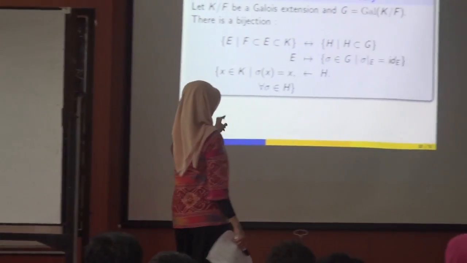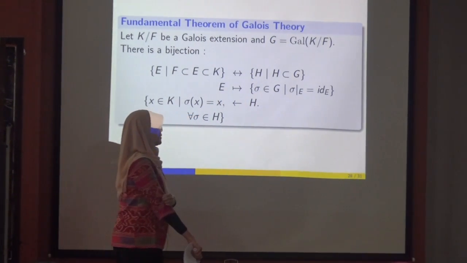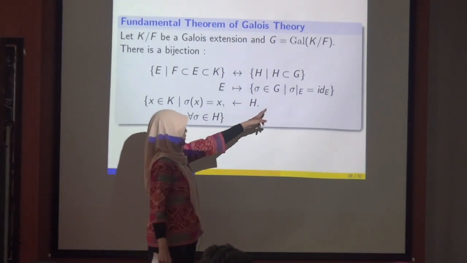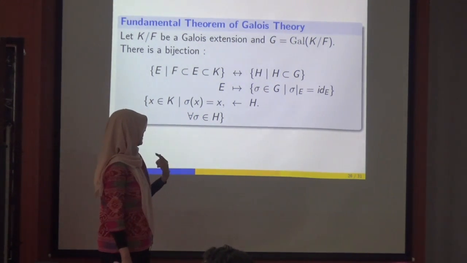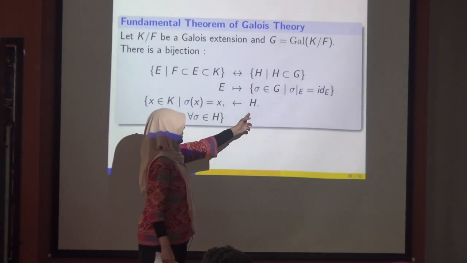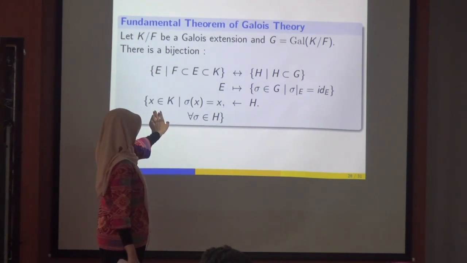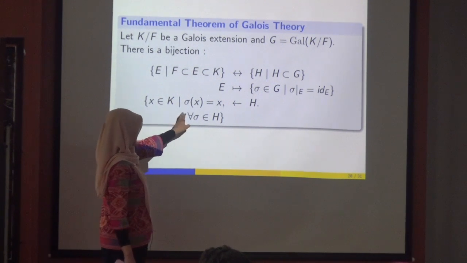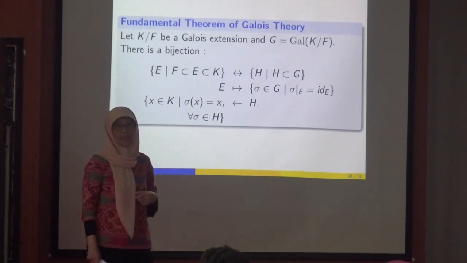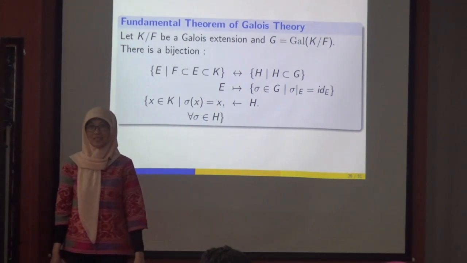So we bring this E to the set of automorphisms which fix E itself. And for every subgroup H in G, we map to the set of elements x in K such that sigma of x is equal to x itself for any sigma in H.